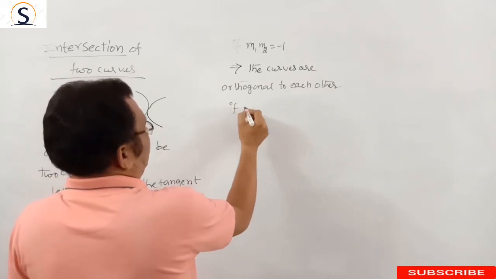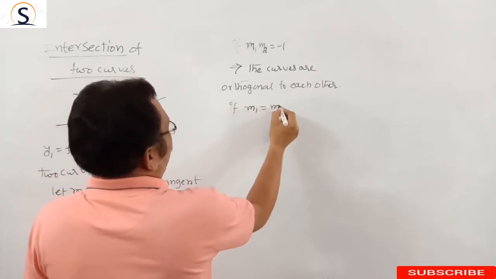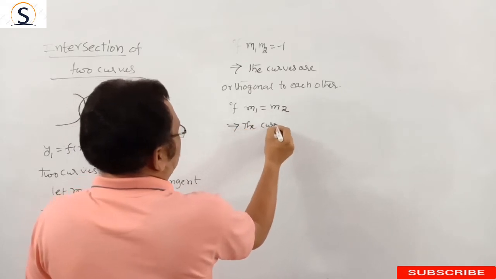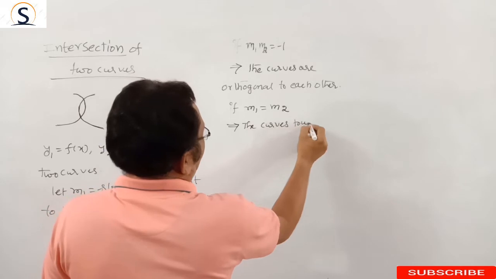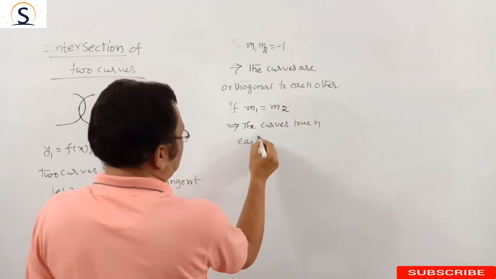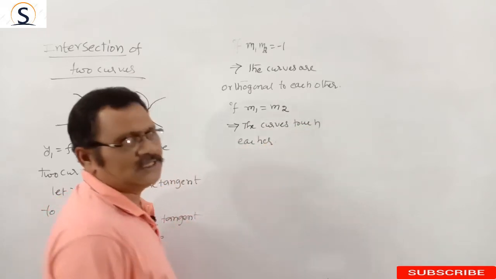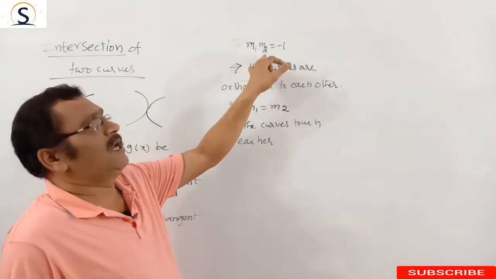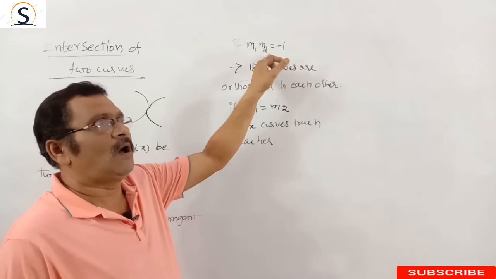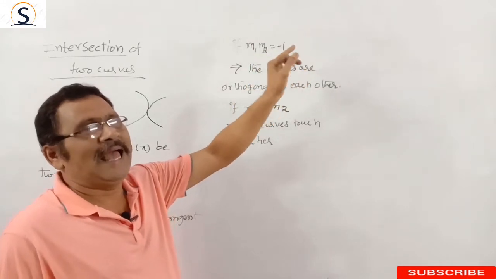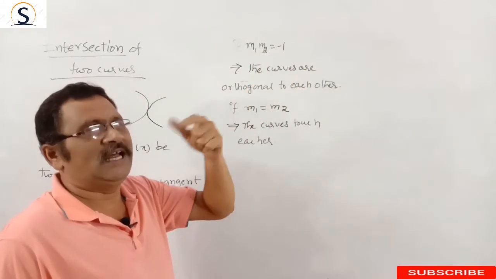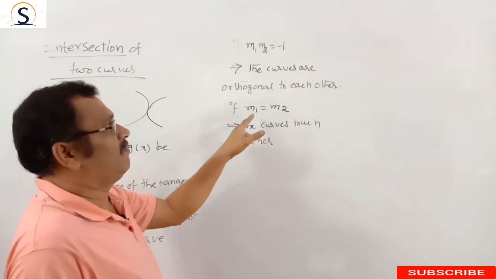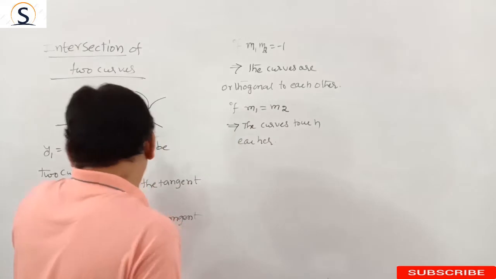Next, if m1 is equal to m2, it implies the curves touch each other. This is the condition for touching, and the other is the condition for the curves being orthogonal to each other. Orthogonal means the angle between the two curves is 90 degrees. So m1 m2 is equal to minus 1, m1 is equal to m2.